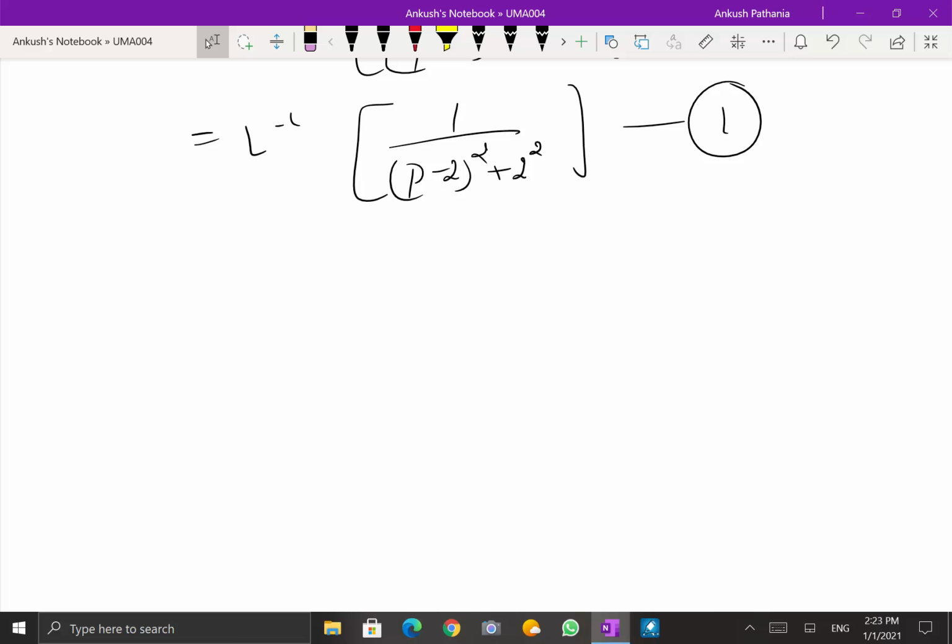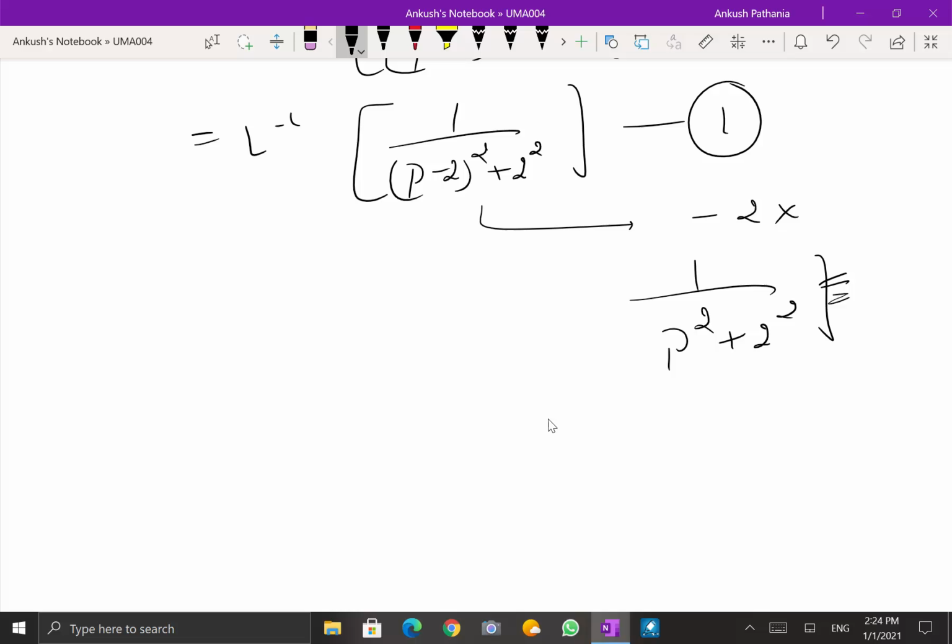Now in this form, if I remove the minus 2, I will get 1 upon p square plus 2 square, and that correlates with the Laplace of sine x. So I got a hint that it is going to be related with the Laplace of sine 2x, because this is p square plus 2 square.